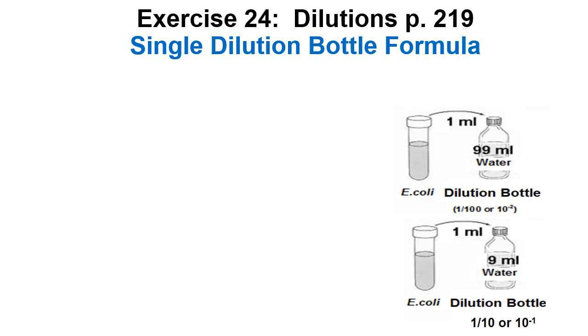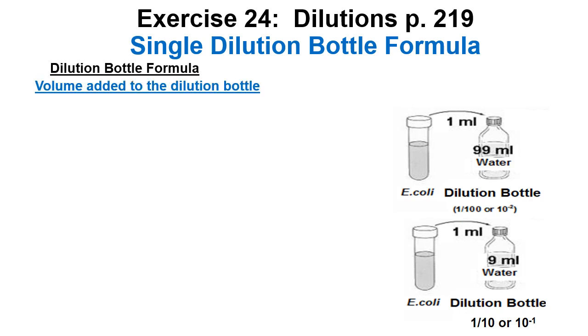Dilutions, page 219. Single dilution bottle. So we start off with one bottle. We're going to take a test tube of E. coli or some other bacteria or sample. We're going to pipette 1 milliliter aseptically into the water bottle. So our formula for one water bottle is the volume added to the bottle divided by the total.